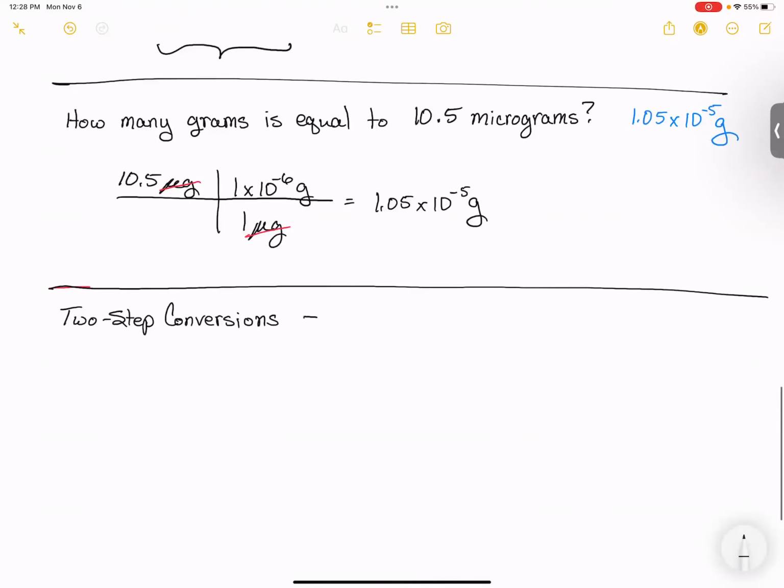And this one you're going to use when you convert between two prefix units.